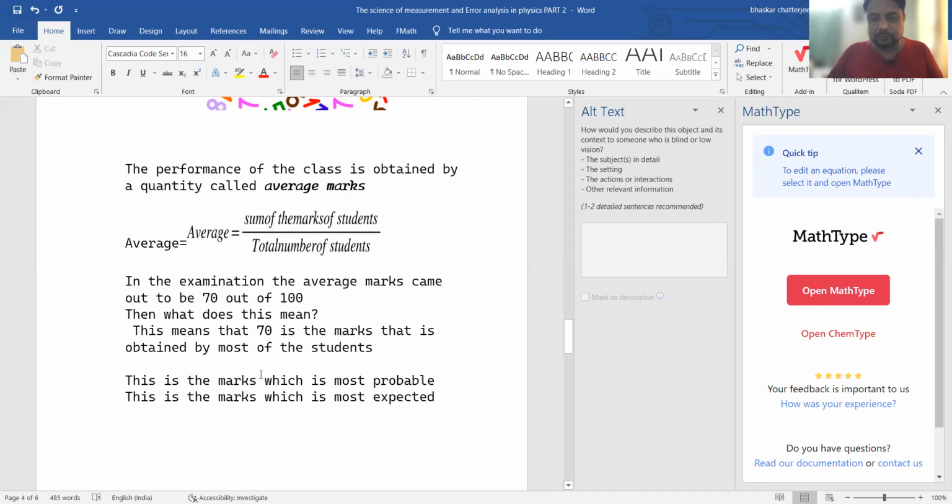Probability, expectation value, expected. These are the terms that come in physics, quantum mechanics, statistical mechanics. They are also dealing with similar situations where you have uncertainties, randomness, fluctuations. So this is the marks which is most expected.